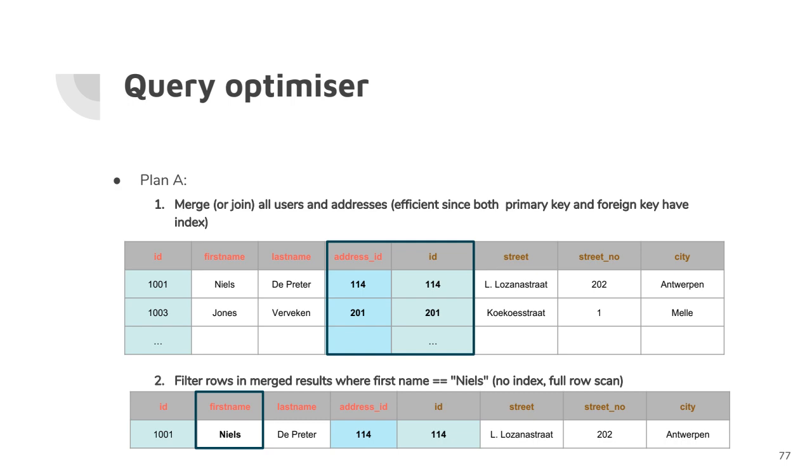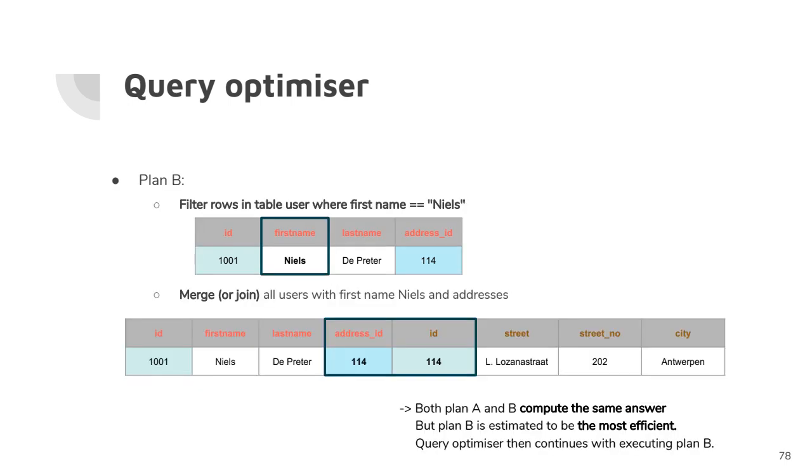Plan B is the other way around. First, we filter in the user table those rows where the first name is Niels, and then we merge all rows where first name is Niels. Both plan A and B compute the same answer, and it could be that plan B is more efficient or plan A. It depends on the size of the table and so on.